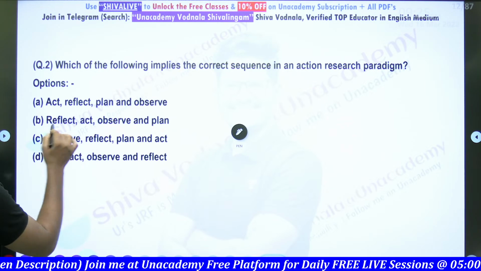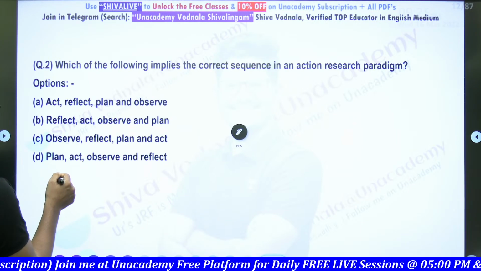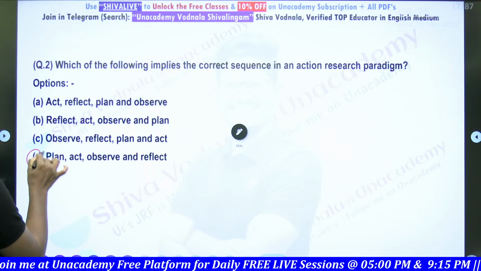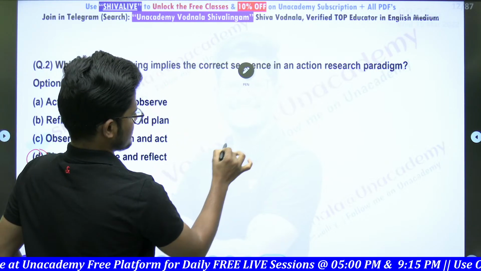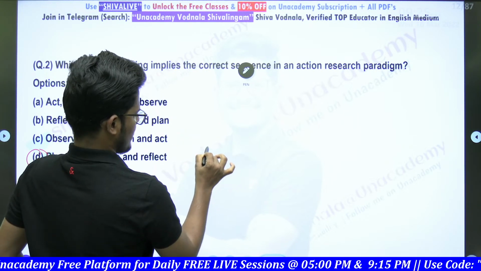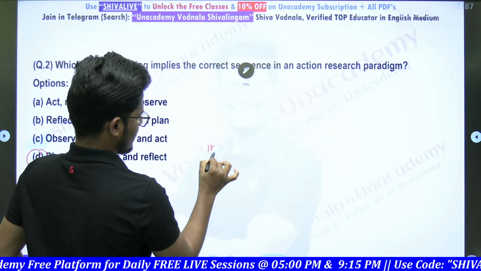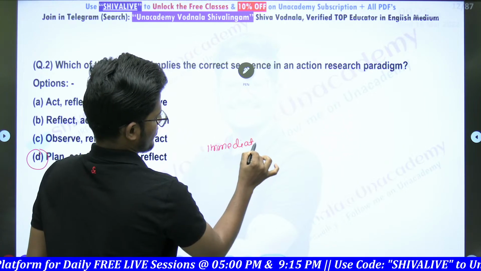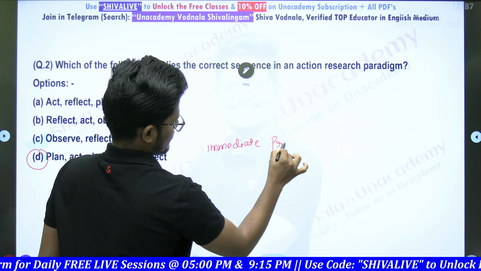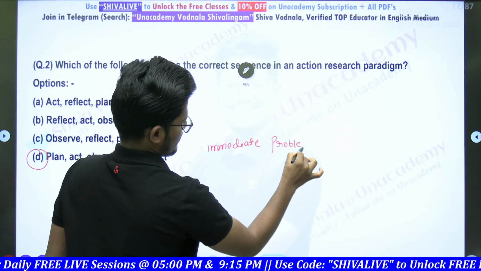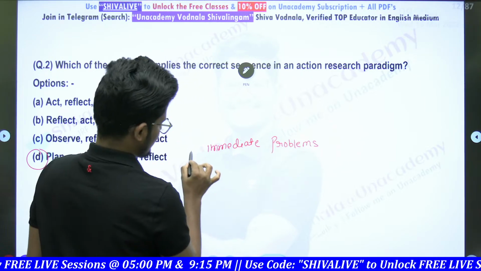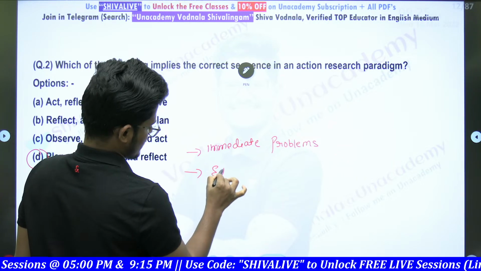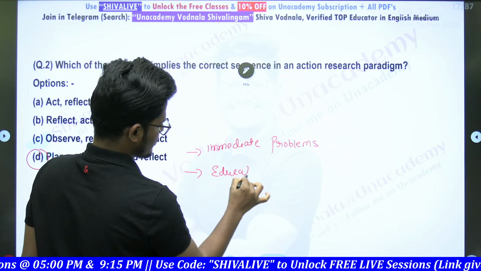So there is one famous question. This is action, observation, reflection. Plan, act, observe and reflect. That is option D. So action research is mainly used in solving immediate problems, and this will be used in case of educational problems, problems related to educational nature.